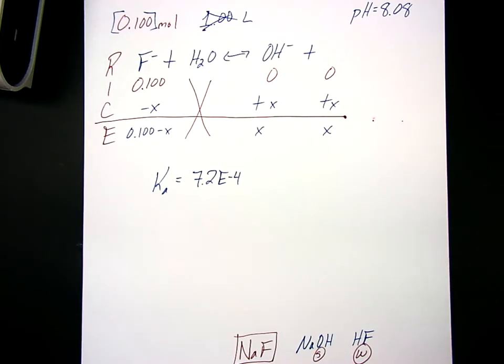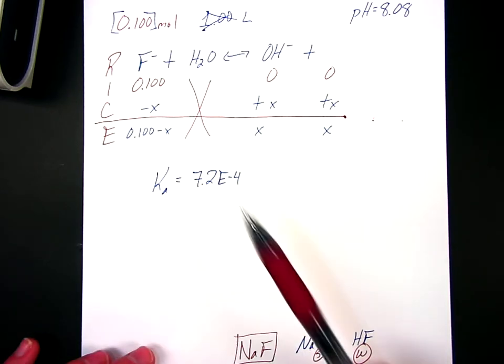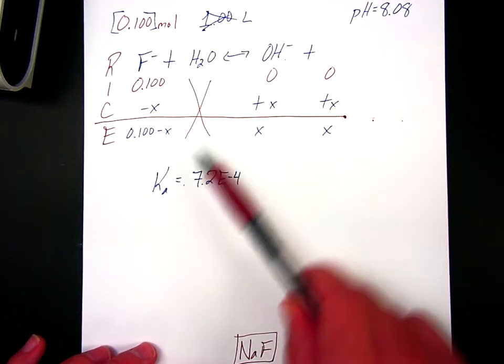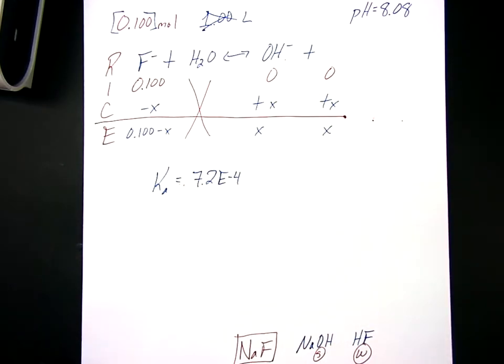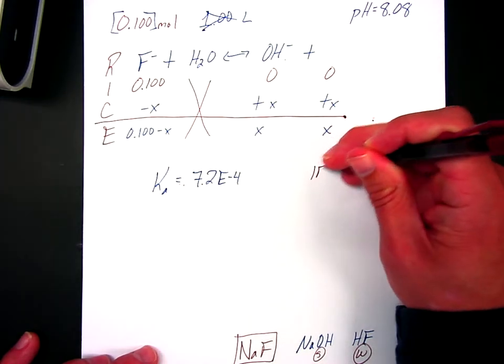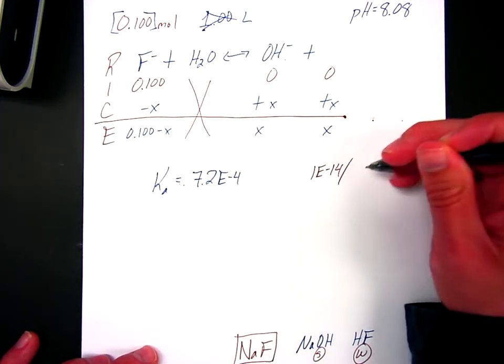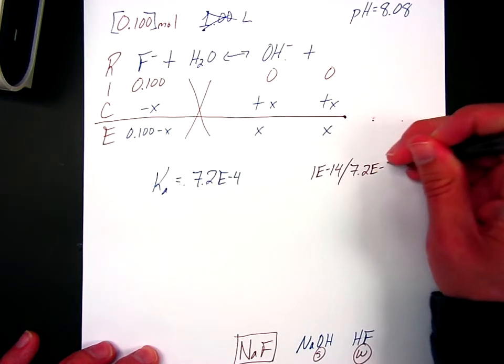Now, I'm going to work through the work and show you how my pH of 8.08 happens here. But realize, like in all hydrolysis problems, there's a mismatch because OH is what's flourishing, but Ka is what I'm given. So I'm going to fix that by saying Kw of 1 E negative 14 divided by Ka of 7.2 E negative 4.